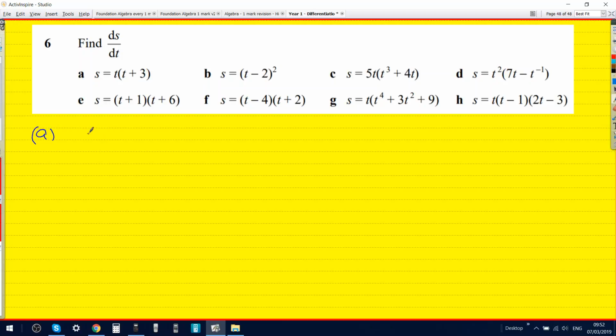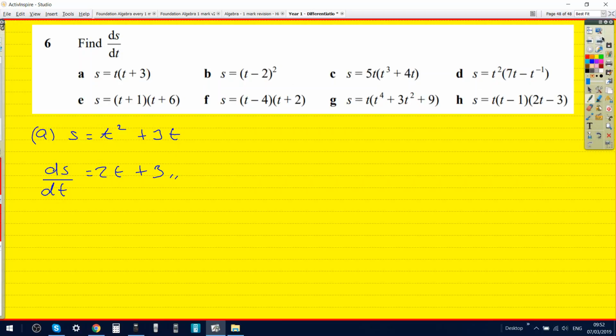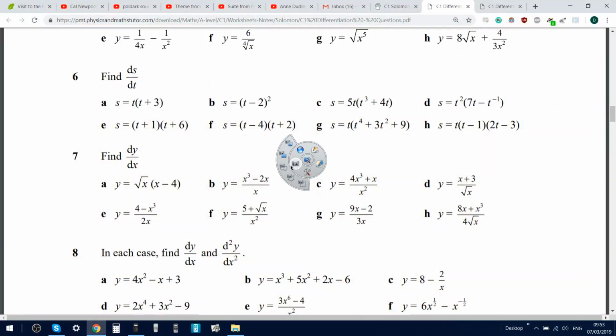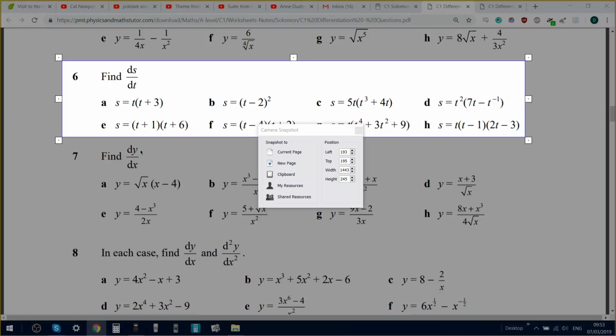T squared plus 3t. And then 2t plus just 3. Yeah, so these, you just expand the bracket first. That's the way you put them into index form.